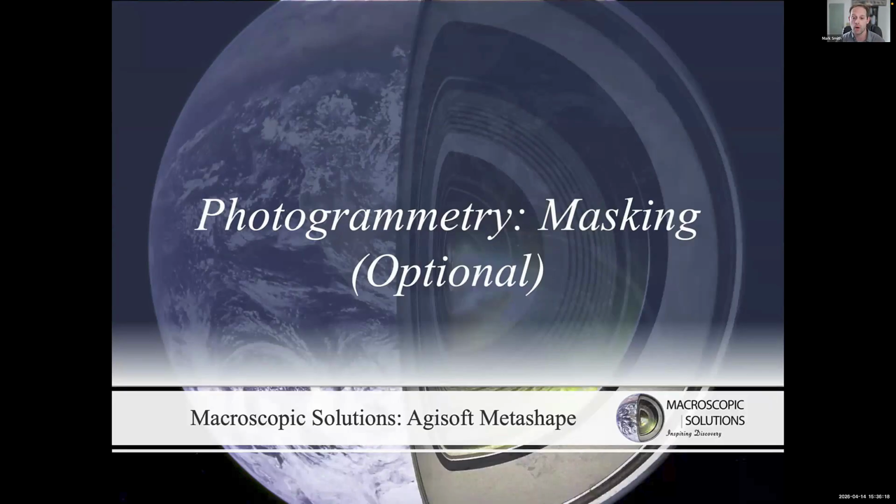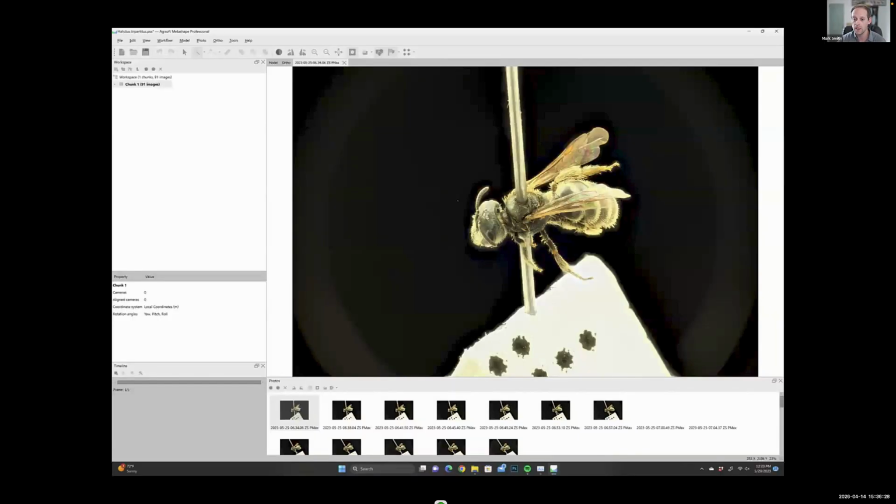Now the photogrammetry part begins. Masking is optional. Bear in mind that when this presentation was put together about 3 years ago, Metashape has undergone several iterations of updates since then. I actually find that masking isn't necessarily critical today. However, there are two different ways to do masking. One is manual: you use a lasso tool, just like in Photoshop, to select the background and mask it out.